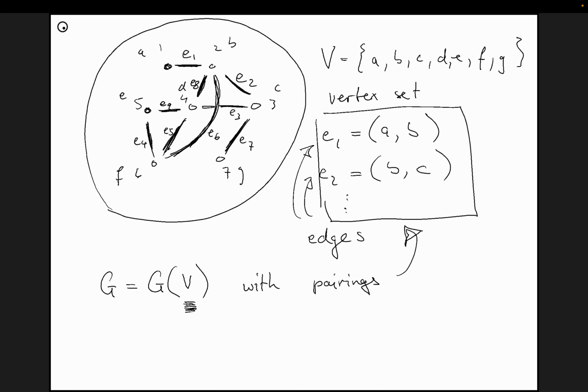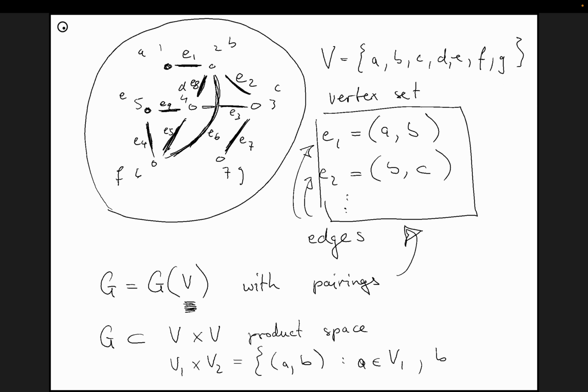We can also say that G is a subset of the product space V cross V. The product space for, let's say, two different sets V1 and V2 is just the set of pairings such that A is out of V1 and B is out of V2.